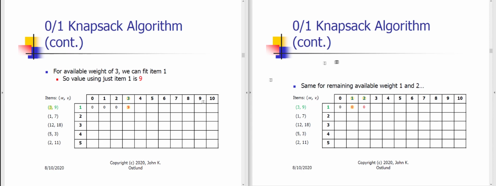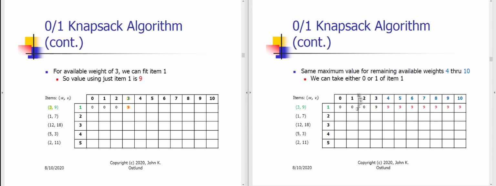And it's probably obvious that because we're only considering item 1, and we're not considering any other items, that we're also going to get 9 as the maximum achievable value if our knapsack has 4 available units of weight remaining, or 5, or all the way up to 10.